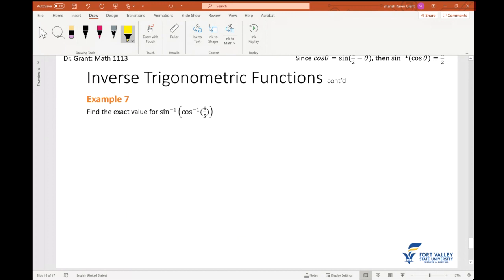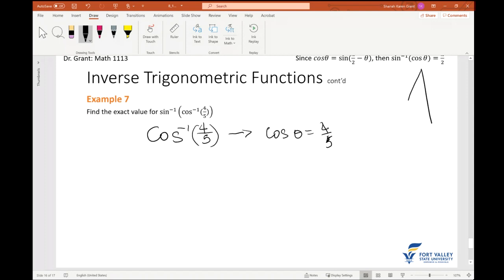So on the inside, we have cosine inverse of 4 over 5, right? So that means we're looking for the theta that gives me 4 over 5, I'm going to take cosine of it.